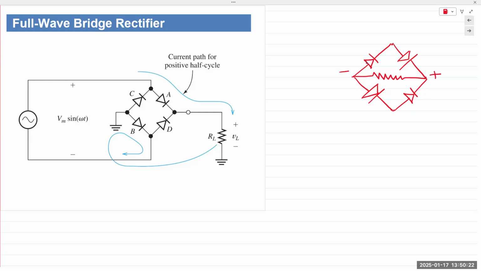And the place where 2 cathodes meet gives you the positive end of the output. And the other 2 nodes, where an anode and cathode come together, is where you would supply the input. V in. This would be VRL, the output.